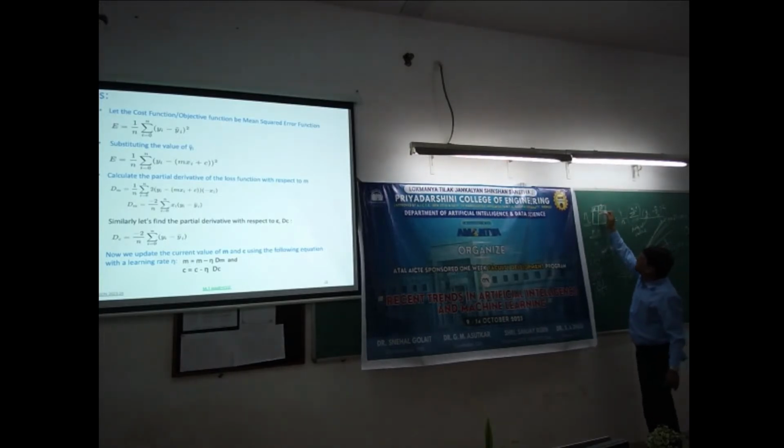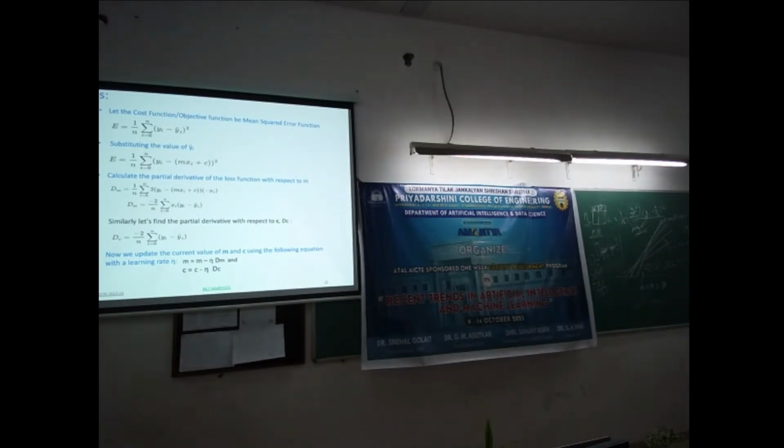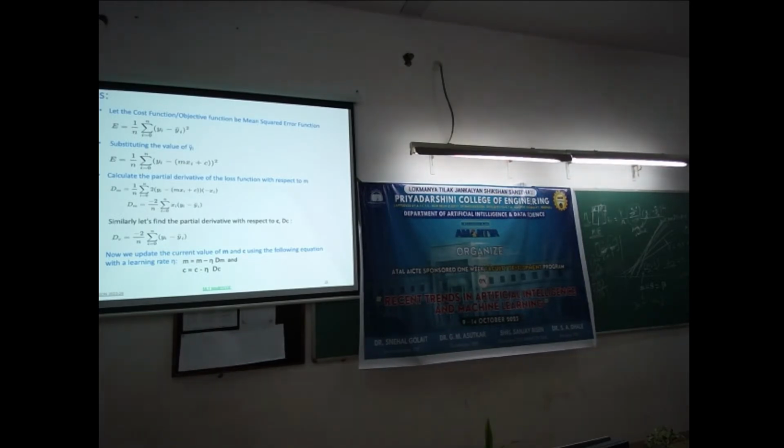Suppose you want to predict salary from CGPA. Suppose you have two years of data, and you know the CGPA and also the salary that each student got, and you train your model.